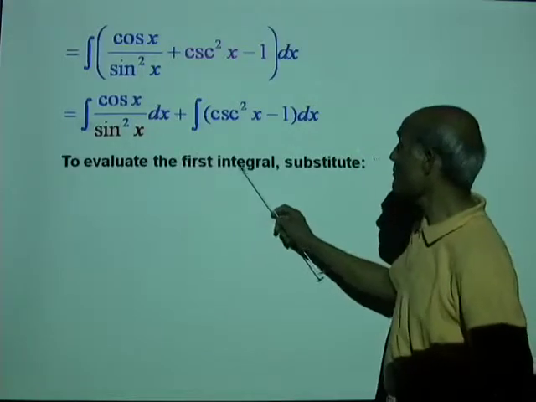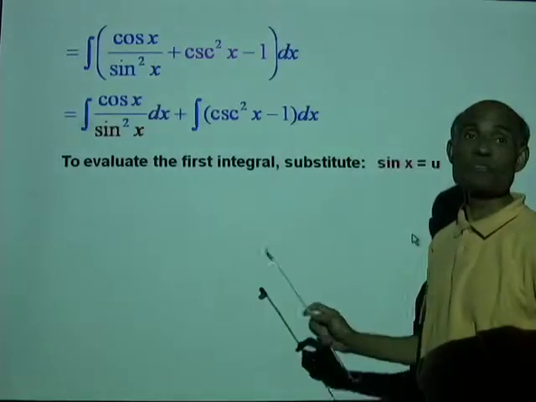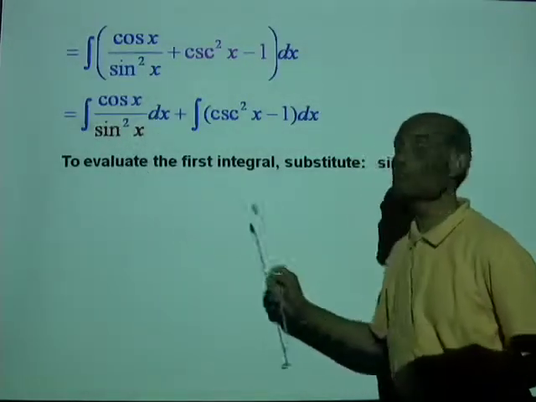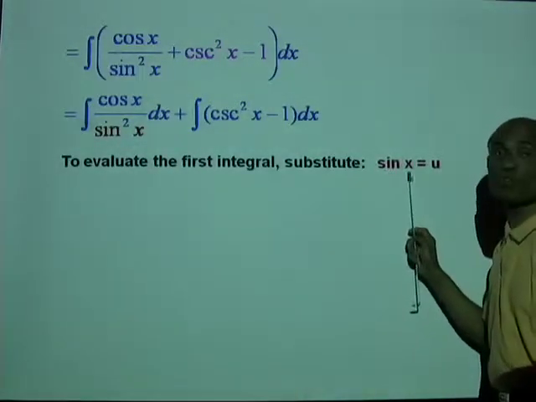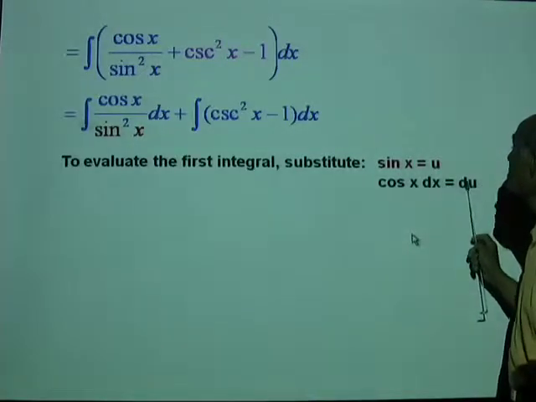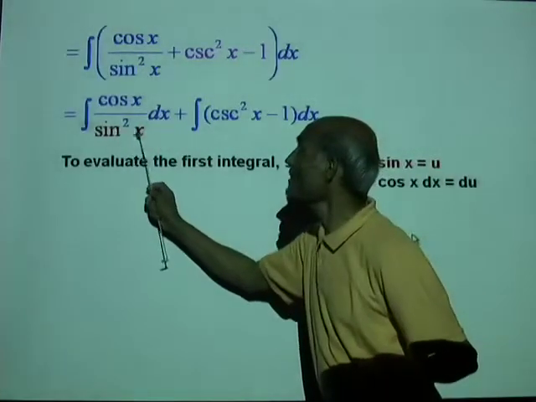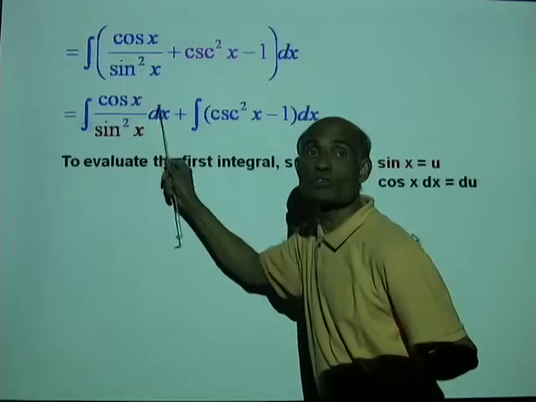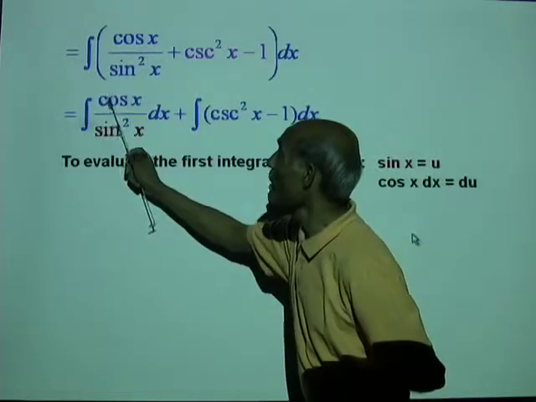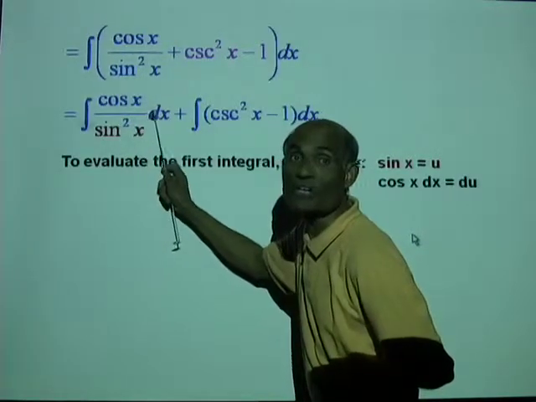So to evaluate the first integral, we substitute sine x equal to u. The sine x becomes u. Take the differential of both sides. It will be cos x dx equal to du. So when sine x becomes u, cos x dx becomes du. So the first integral will become integral 1 over u squared du.